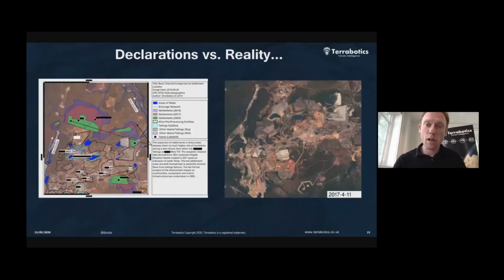But what if we actually go and try and verify that and see what's going on at the site itself? So with archive of satellite data going back years and years, and also going forwards into the future, we can actually assess the reality. And in this particular mine with which that disclosure relates to, that 2005 risk assessment related to this green area of the community on the left that has since doubled, at least, almost quadrupled in size, the population center that we've tracked through satellites up to 2019, when we actually started this study.